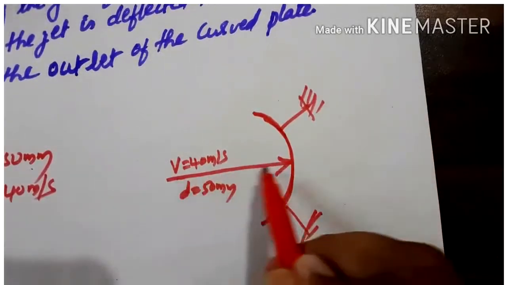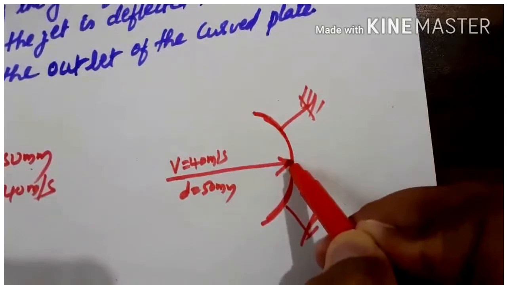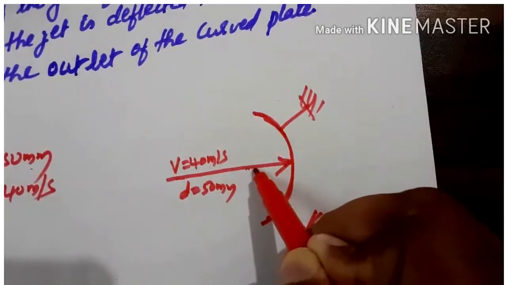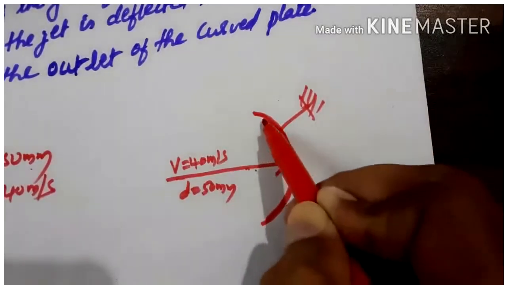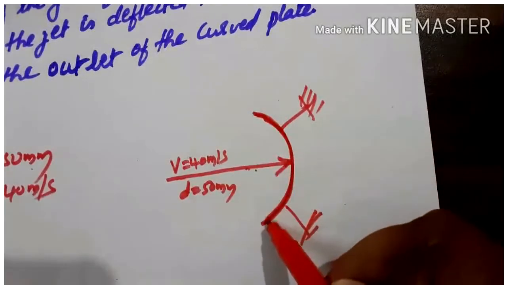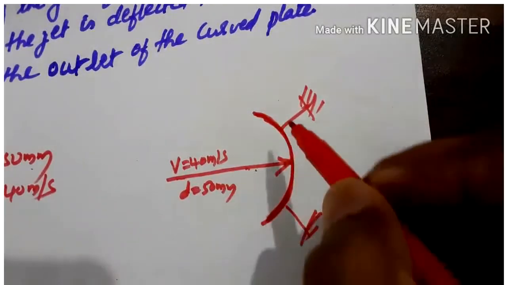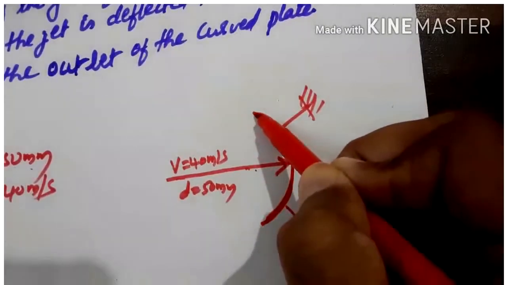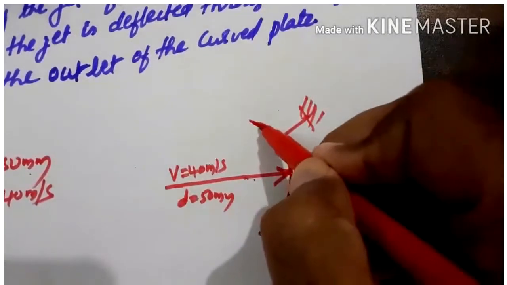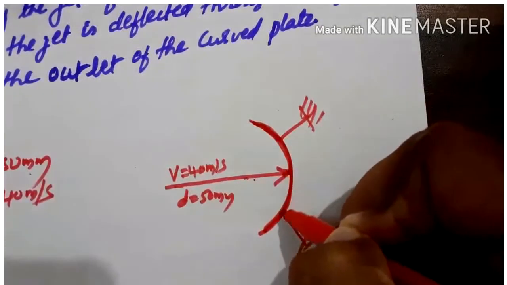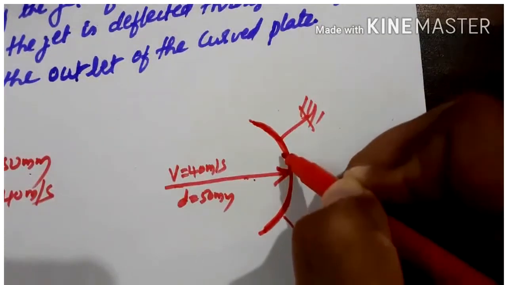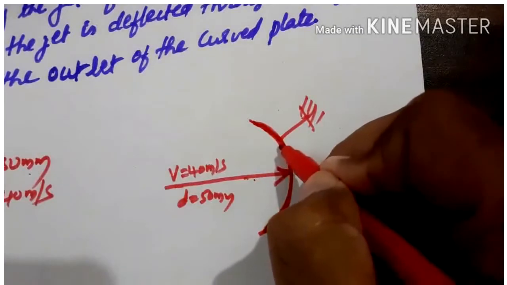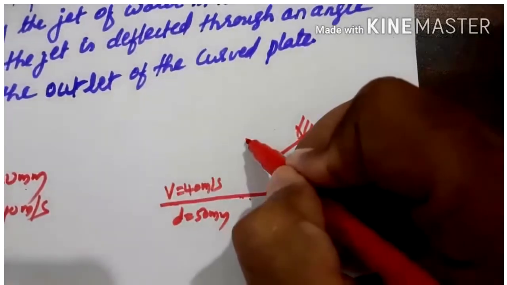The moment the jet strikes, because of the force exerted by the jet on the vane, the vane receives the impulse force. Because of the impact there is no energy loss, and the blade passage is assumed completely smooth, hence there is no loss of energy here.